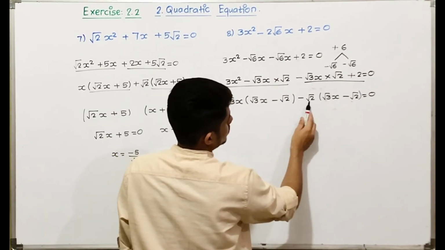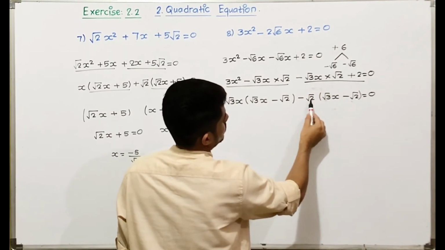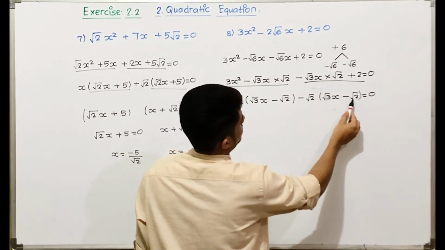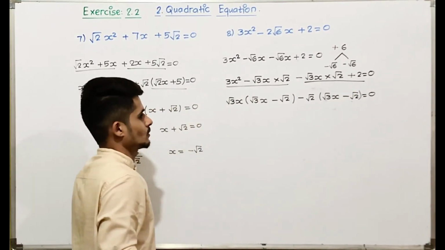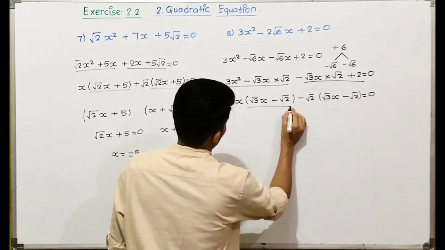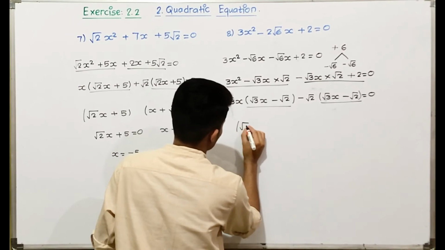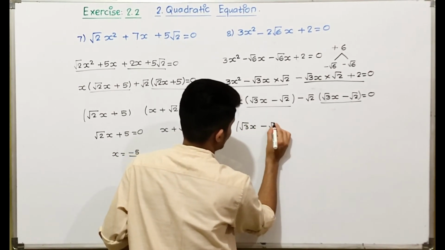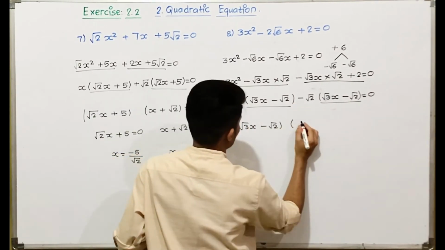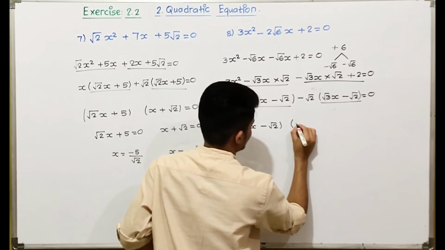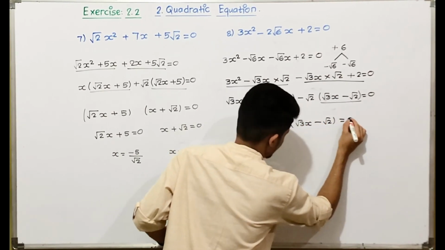Similarly, we check here √2 into √3x is √6x, and minus √2 into minus √2, minus minus plus, √2 into √2 is 2. So √3x - √2 is common, and √3x - √2 is remaining: (√3x - √2)(√3x - √2) = 0.